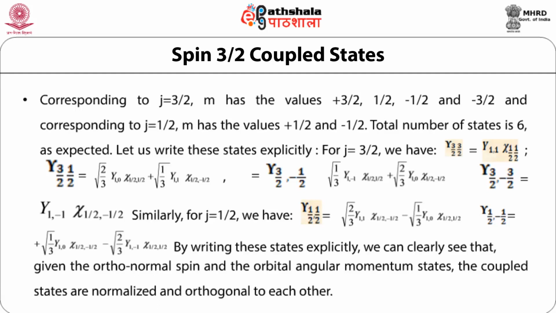And similarly, for the spin term xi, the first term in the subscript represents S and the second term represents m_S. So this was the first term for the coupled state.